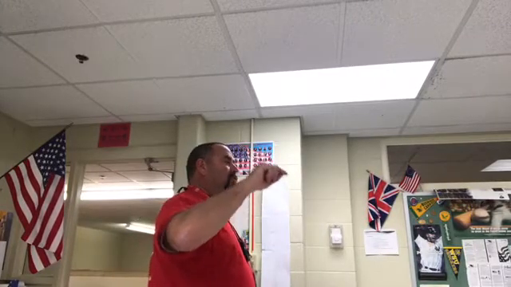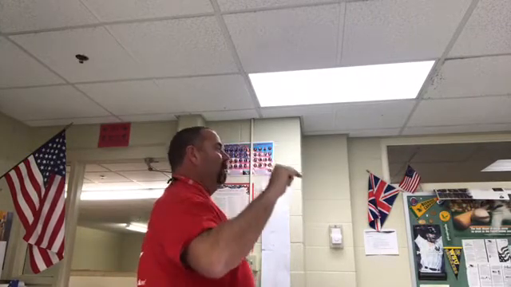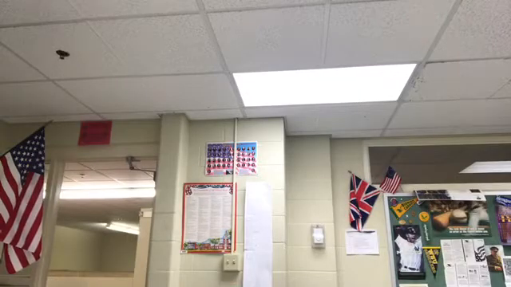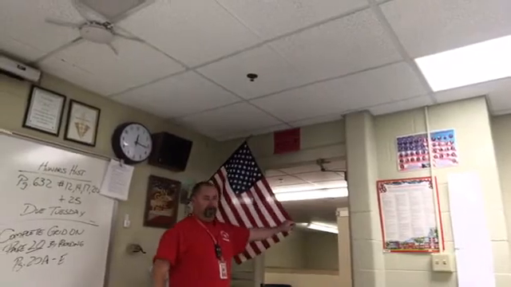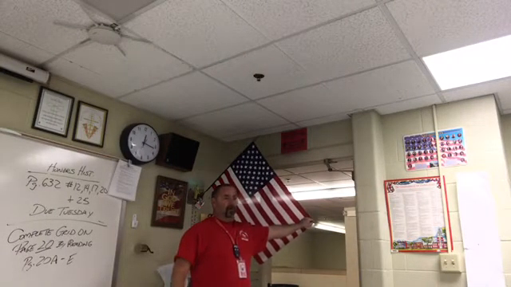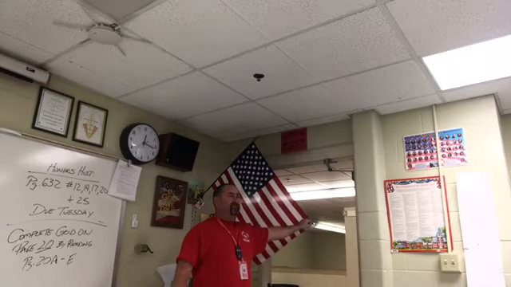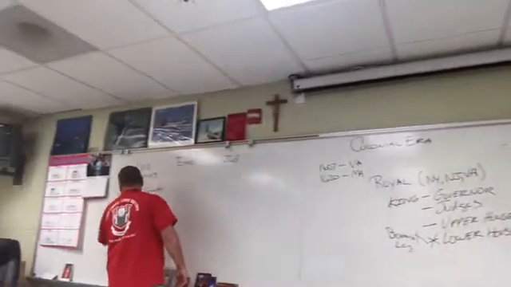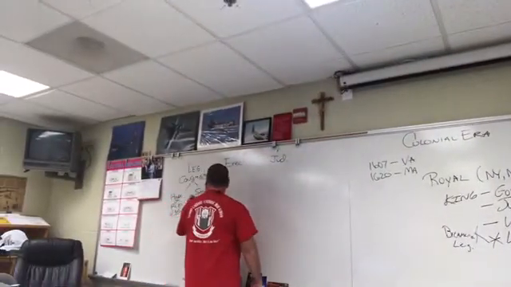It should be like a choir in here. Over here is the U.S. flag, Old Glory. 13 stripes. There are 50 stars on it, representing 50 states. Each state has how many senators? 2. How many senators do we have? 100. So 435 and 100.